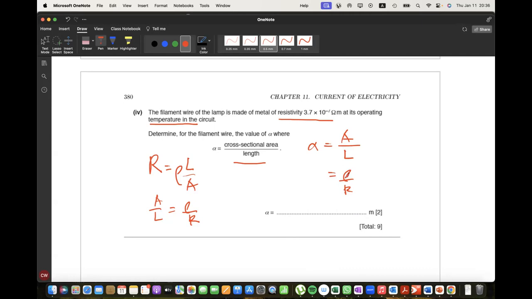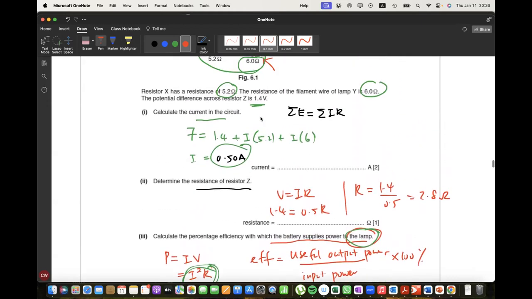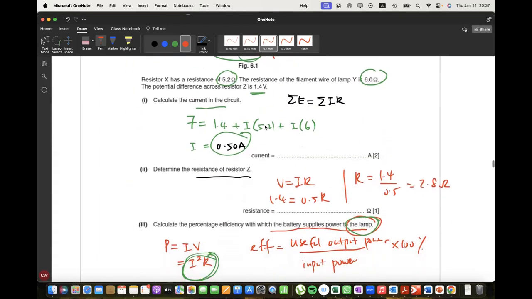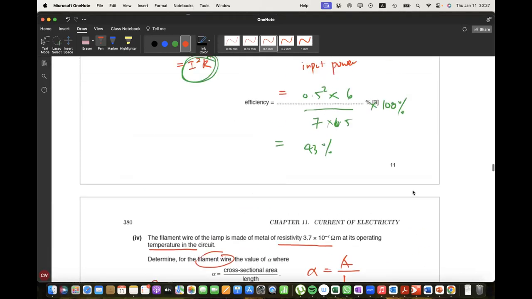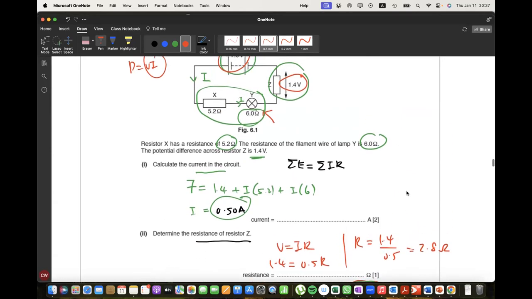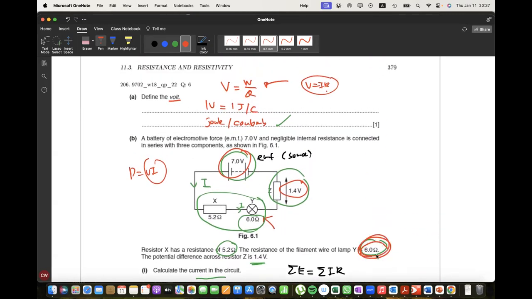Do you know the resistivity? What is the resistivity? Resistivity is this one. Do you know the resistance of the filament wire? Do you have the value or not? What is the value? Is it going to be 6? Correct or not?